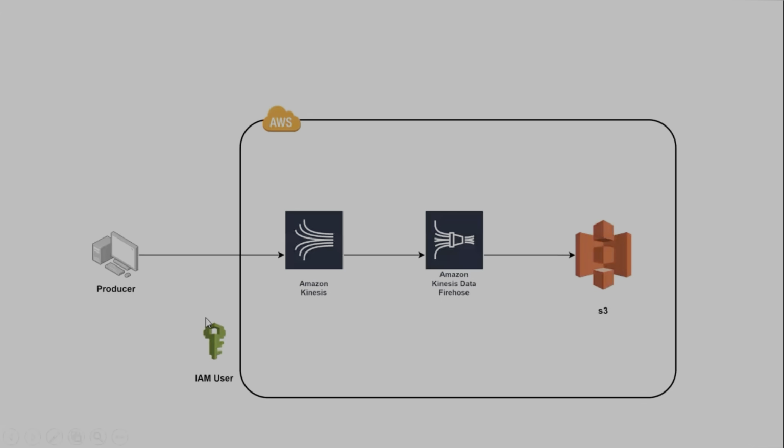Basically, we are going to stream the data from our system to Amazon Kinesis. Now there is a catch. Our system is present over the public network, so we are going to stream the data using the public network, and Amazon Kinesis is present inside AWS. So we need to establish some kind of authentication mechanism in between to ensure the security of our system.